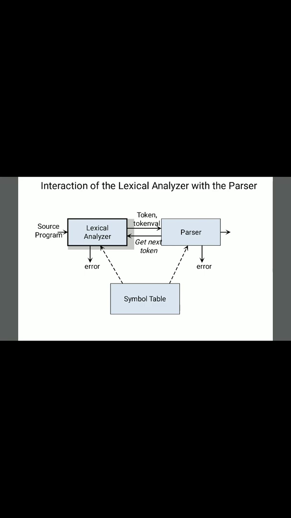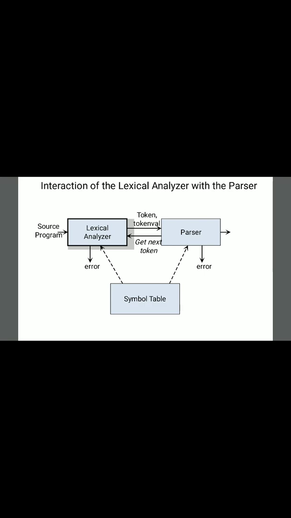So this is the major task of your lexical analyzer. Now understand, as shown in the diagram, the first phase is the lexical analyzer, for which you provide a source program. The outcome of the lexical analyzer is to generate the tokens. These tokens are fed as input to the parser.